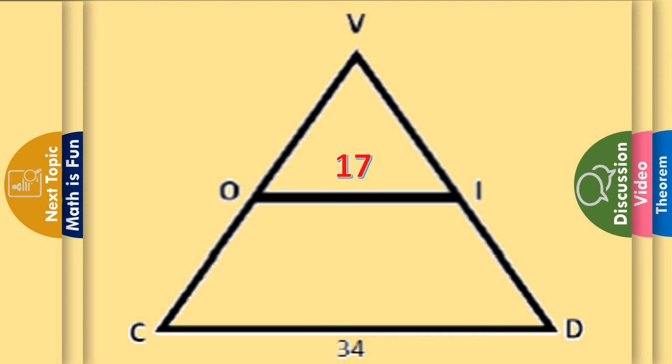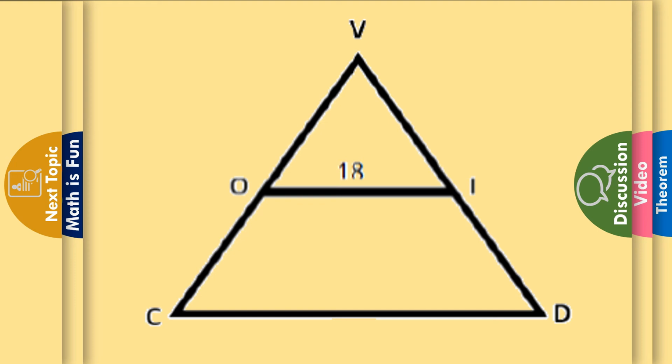Very good. Another, what if the measure of the midline is given? What will we do? Very good. We will multiply it. Since a while ago, we divided by 2 to get the measure of the midline.